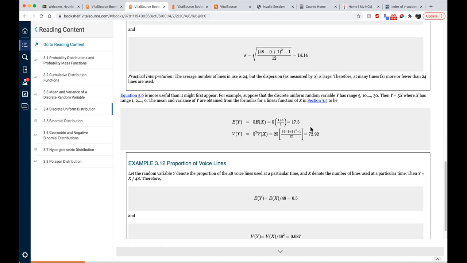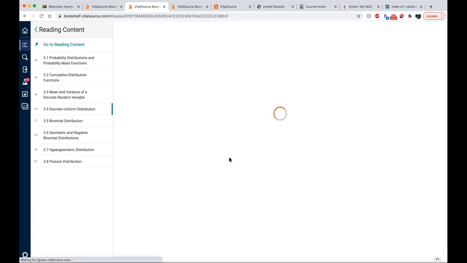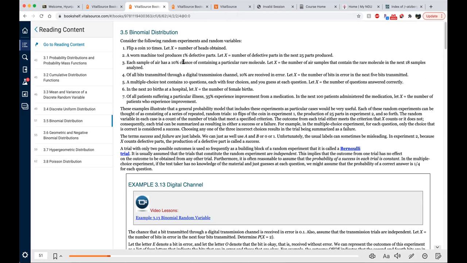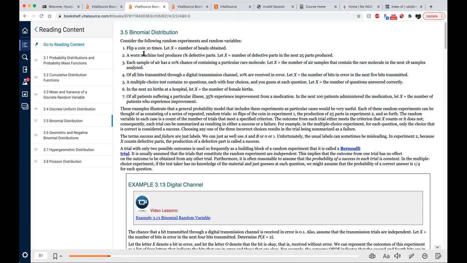Okay, so let's see. Next one is the binomial distribution. You see here a lot of examples given. First one: flip a coin 10 times. Let X be the number of heads obtained.